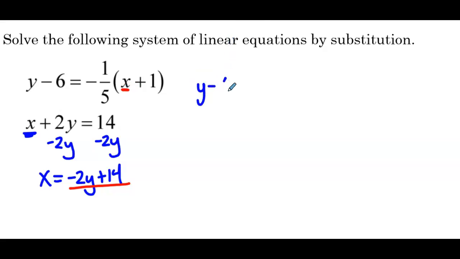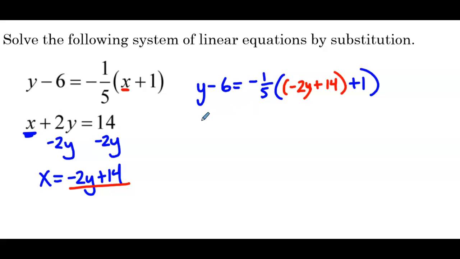So we could take that expression and substitute it in for x in the first equation. So we have y minus 6 equals negative 1/5, and then for x, substitute the expression negative 2y plus 14, and then plus 1.